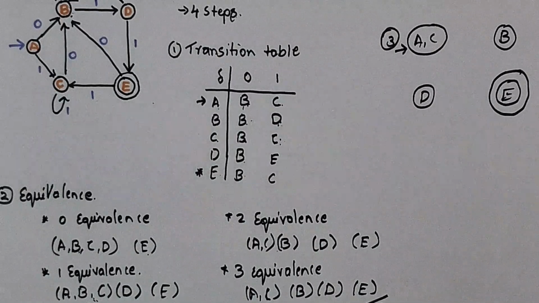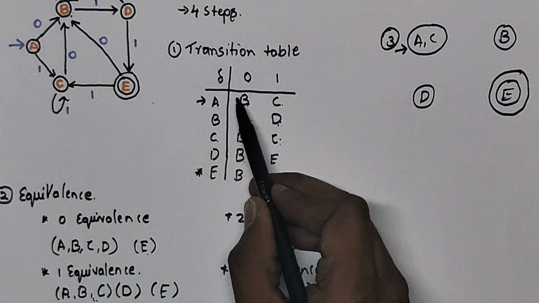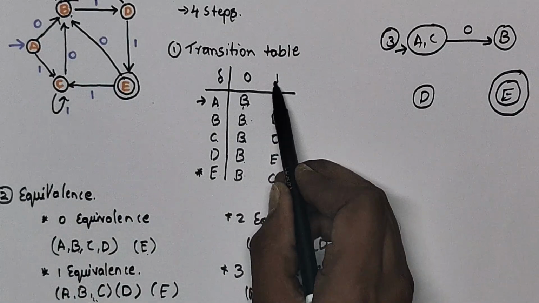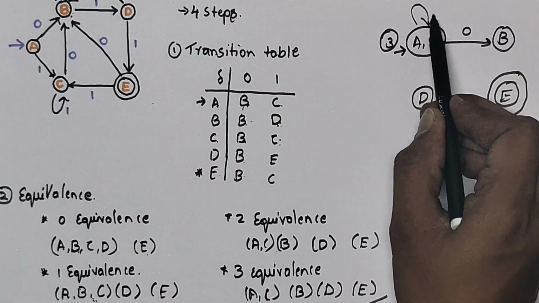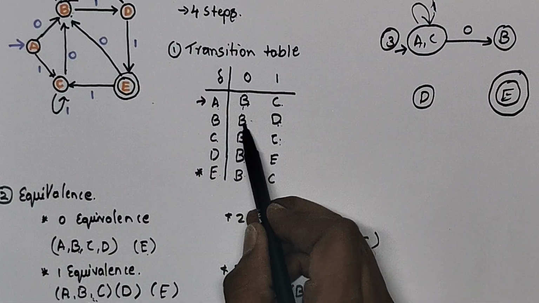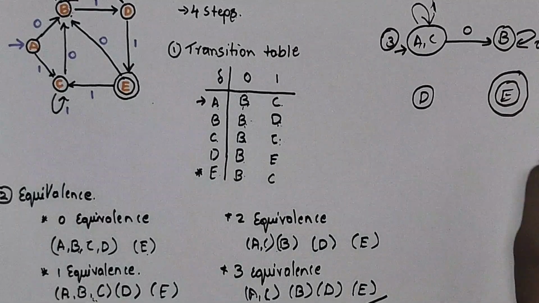Now let's search for the transitions. A for 0 is moving to B, A for 1 is moving to C, so a self loop because C is in this group itself. Now B for 0 is moving to B, that is a self loop.